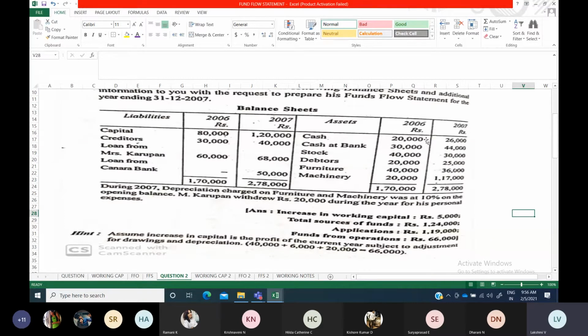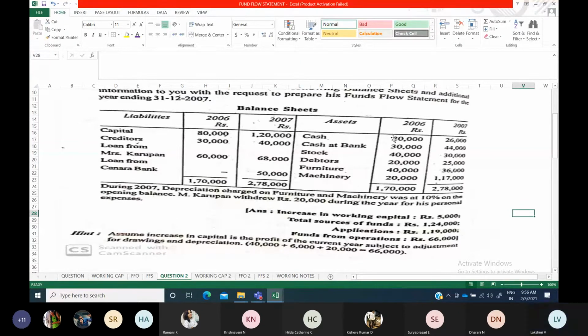Suppose in some questions there will be only cash information. In some questions there will be cash and bank information. It depends upon the question. In some questions only cash will be there, about 20,000, and only this amount you will take as the opening balance.